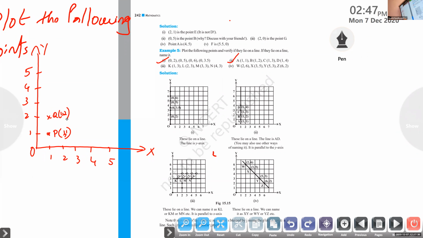(1, 3). They are given already. PQR, (1, 3), R. S, (1, 4). So these also lie on a line. The given points lie on a line.